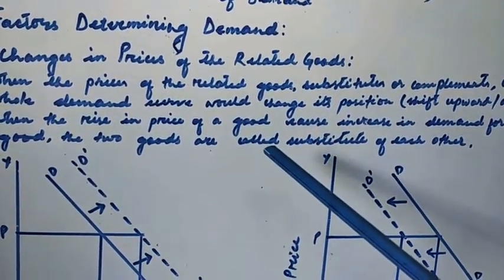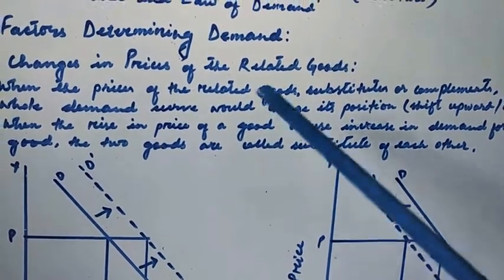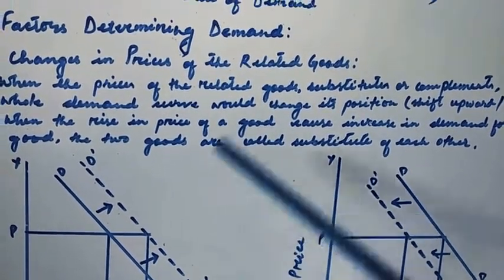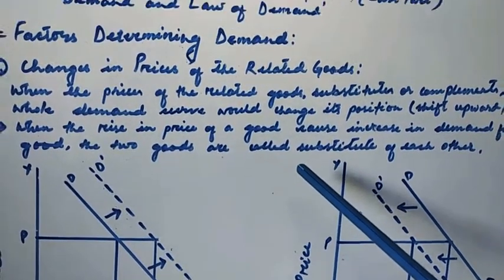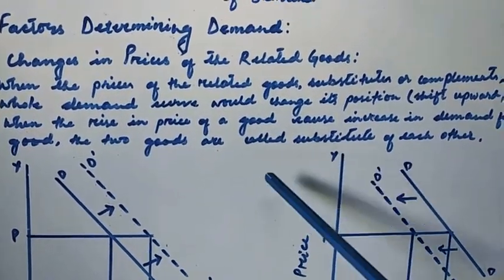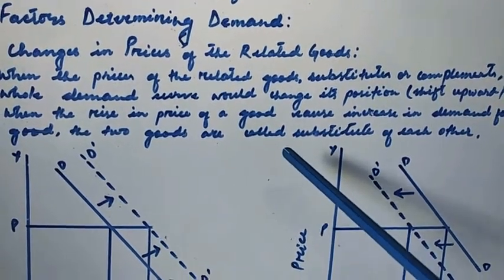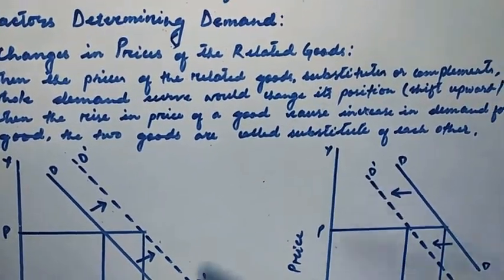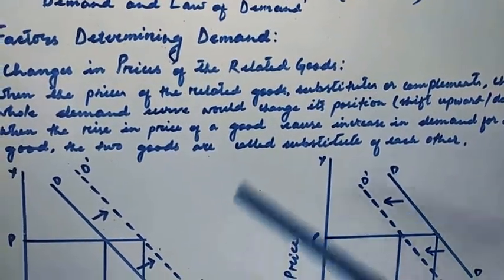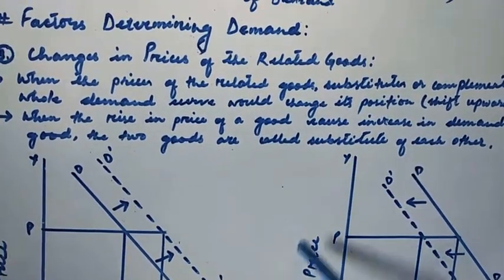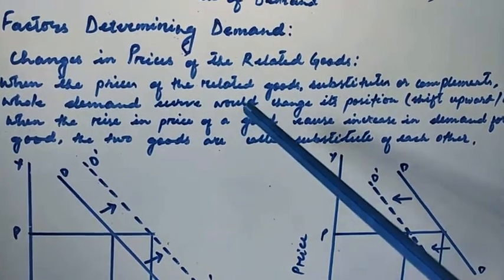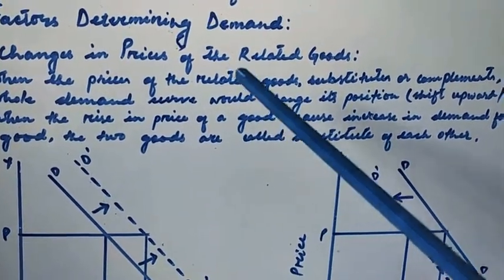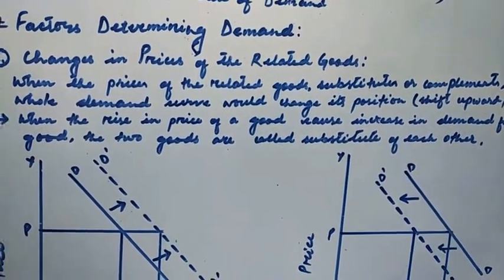Once the price for coffee falls, what will the demand for tea do? The demand will also decline for tea because the price of coffee has fallen and people will buy more of coffee. So in this context, we can say that coffee and tea are close substitutes.